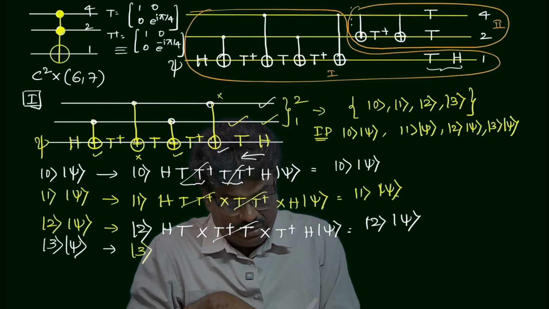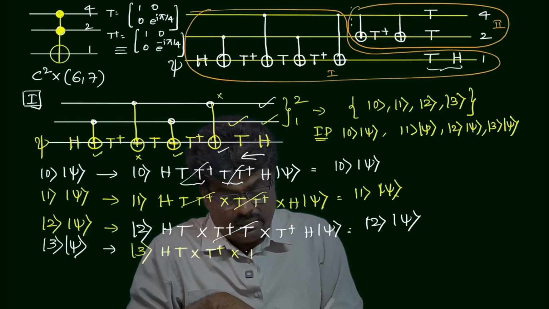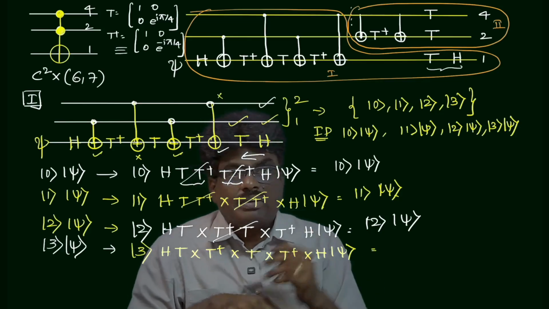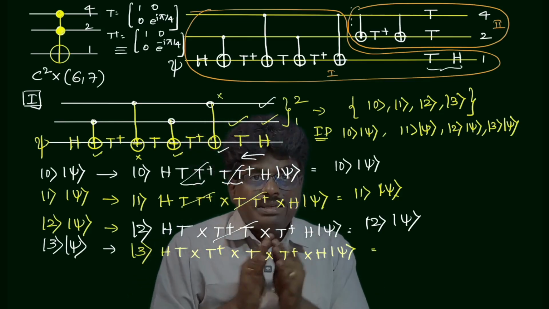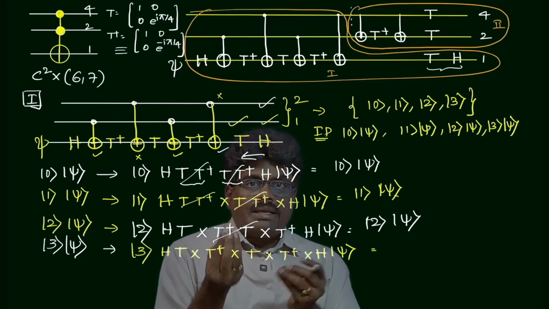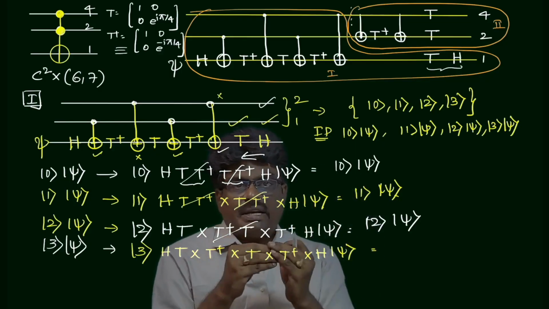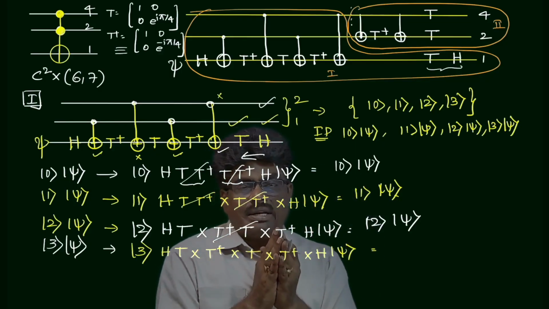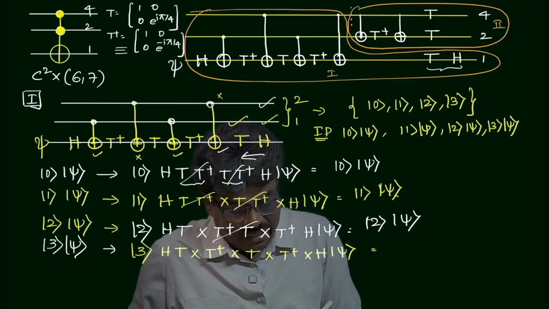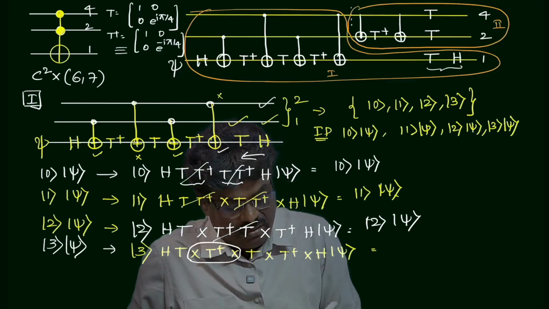So right to left, H, T, X, T dagger, X, T, X, T dagger, X, H, psi. Now carefully observe. I told you earlier, X operator from right side and left side, that means rows and columns will interchange. So please identify that. Yes, this is easy.